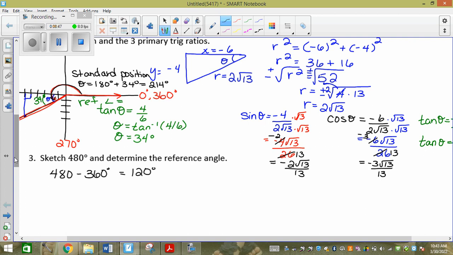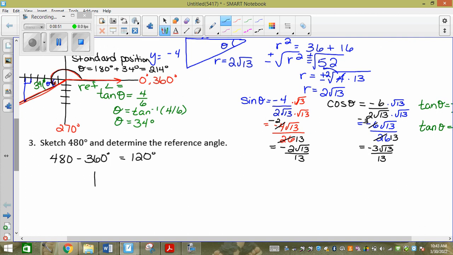So it's 120 more than the full rotation, yes? So if I went to draw it, it would be rotating around here. I would go, boom, 360, and then what would I do? I keep going. This is 90, and then how much more would I go? 30 more. So it would end here.